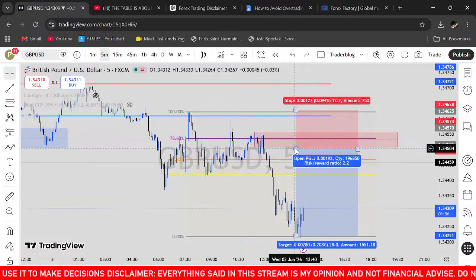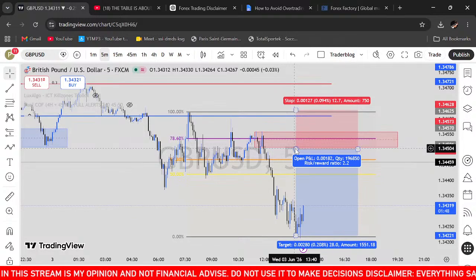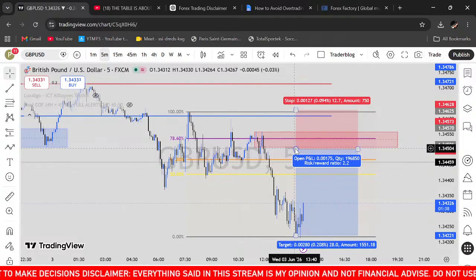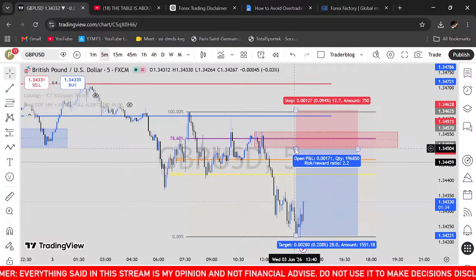When I say unnecessary risk, we are at the point where you are praying, you are wishing for direction to change, you are saying these people are against me, these people are manipulating the market, all these things. They are just showing that you took unnecessary risk. You took risk that you cannot afford to take.